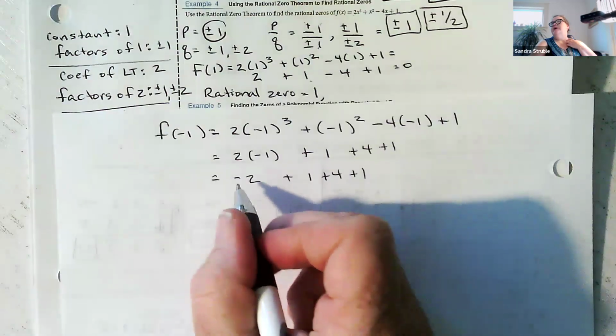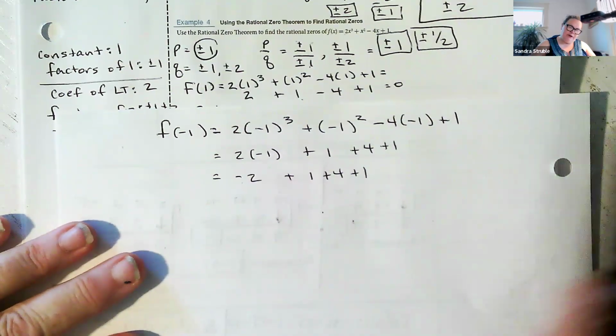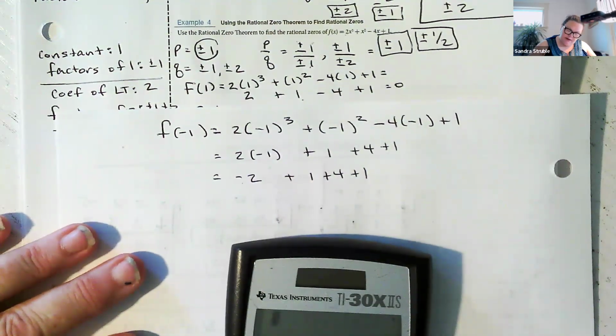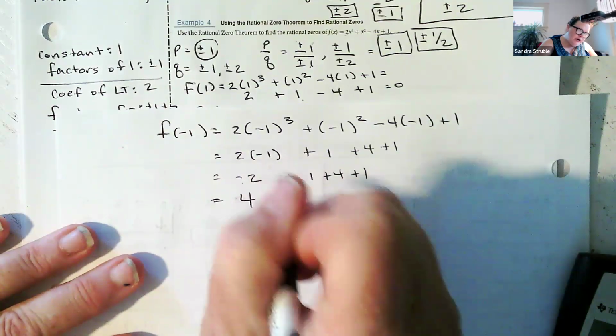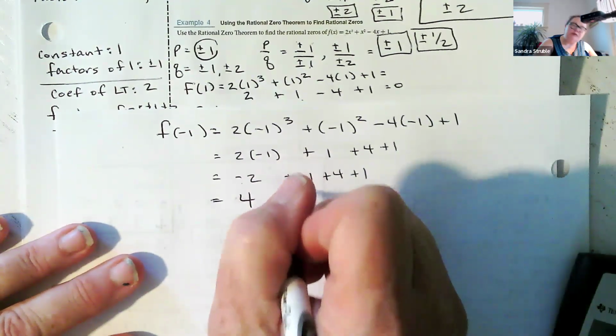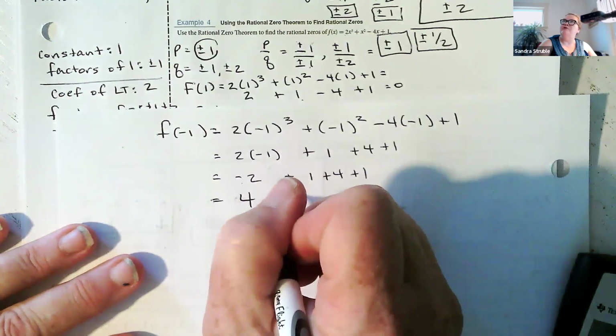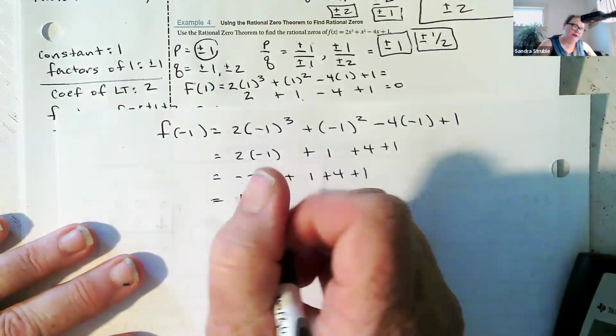All right. So -2, we can put it in our calculator. That's what you're going to be doing anyways. -2 plus 1 plus 4 plus 1 is 4. So this is not a rational zero because we did not get 0 for a remainder or for an answer. We have to get 0 for an answer.